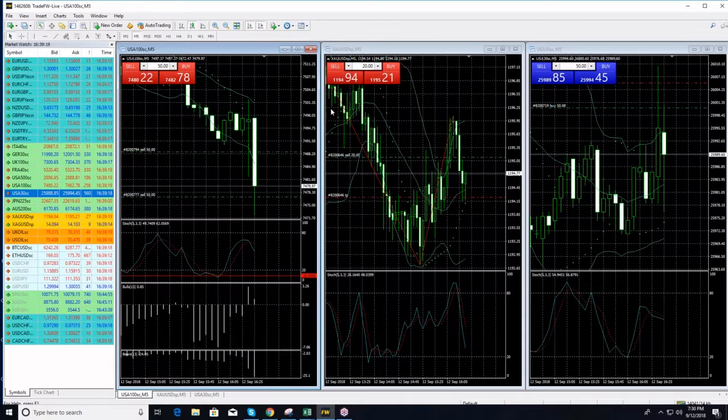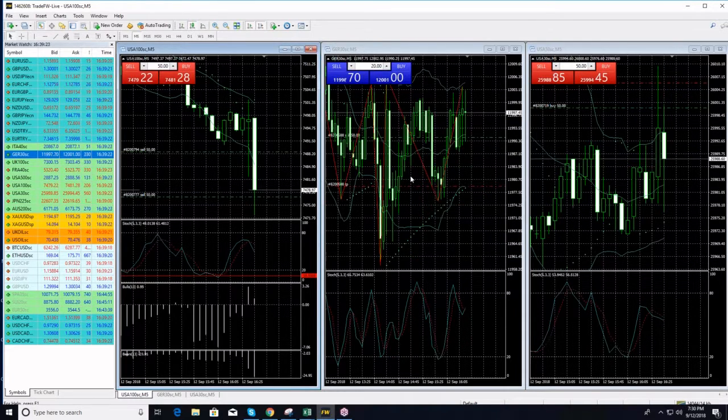We have also a position open on DAX. Let me see also DAX. DAX, we are short. No reaction yet.